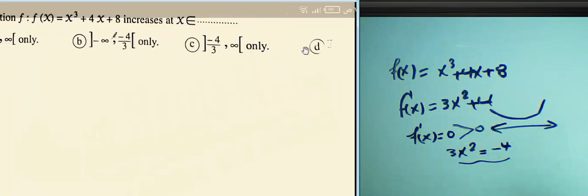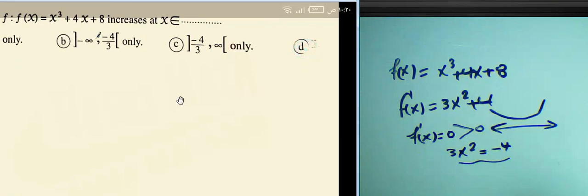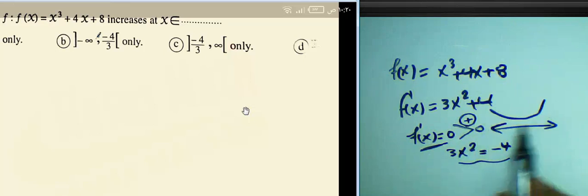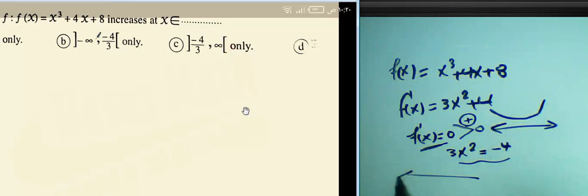Choose letter D. So this function increases at x belonging to R because f dash of x is all the time positive, greater than 0. If we draw the coordinate and we draw f dash of x, it will be drawing up.